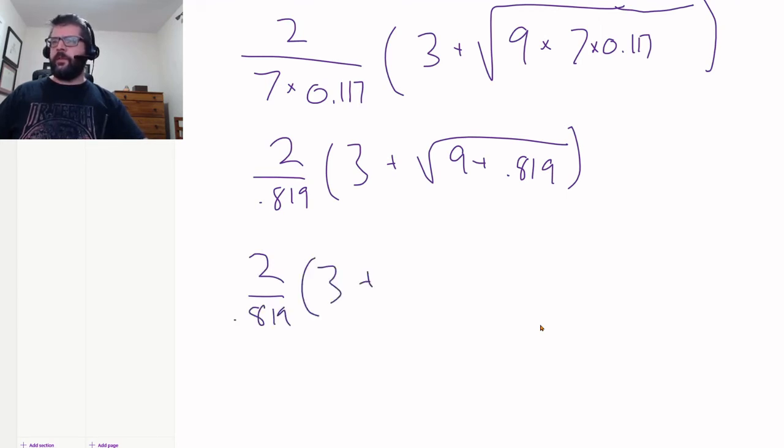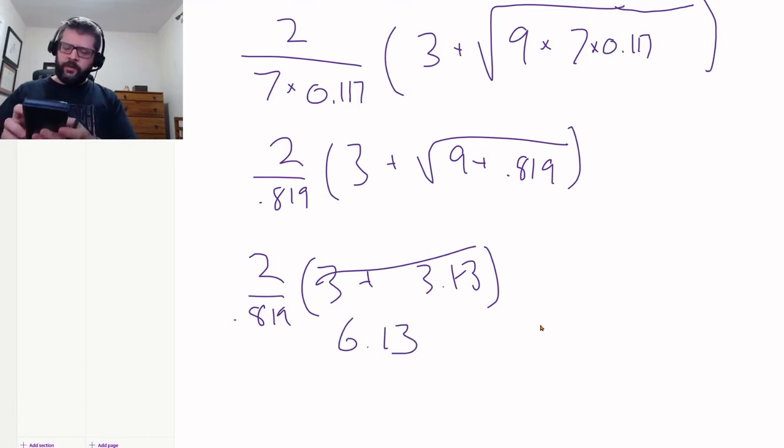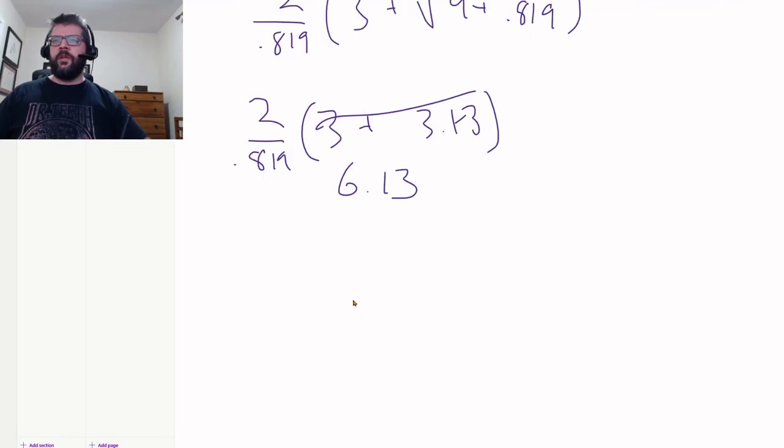3 plus 3.13, 6.13. To add those two things together, 2 times 6.13 divided by 0.819. That gives us an NP min equal to 14.9.